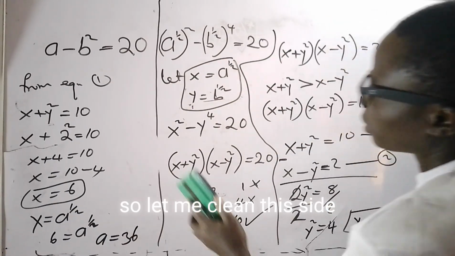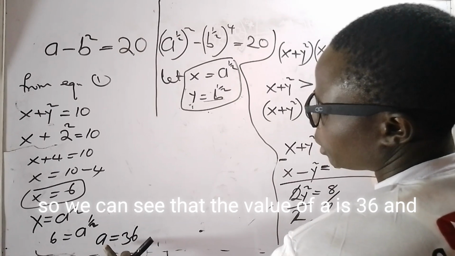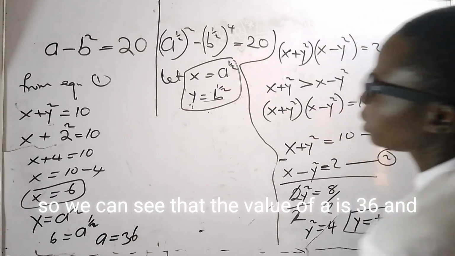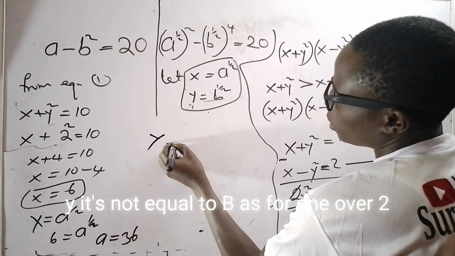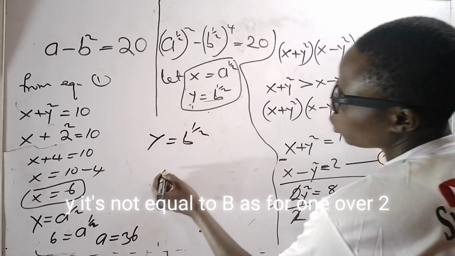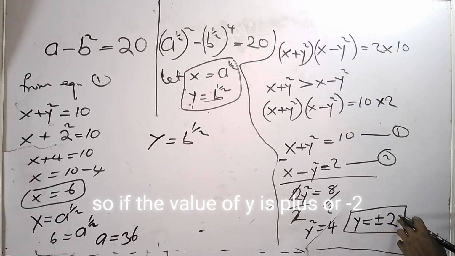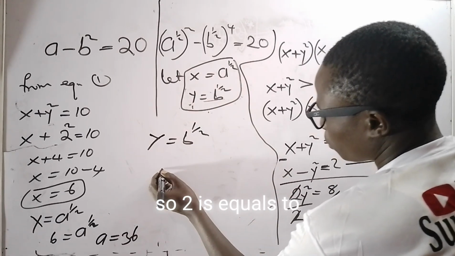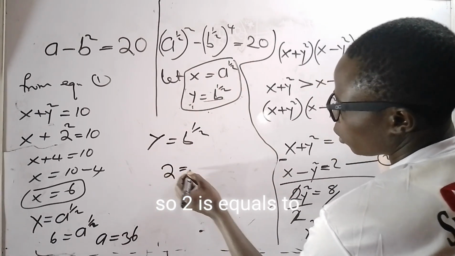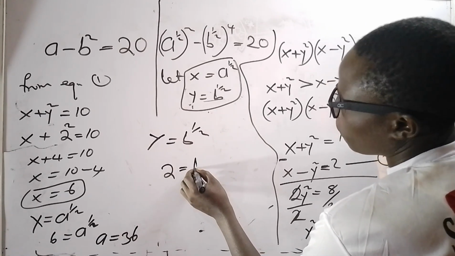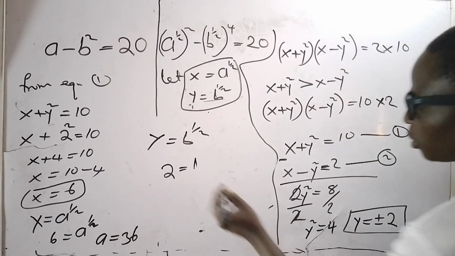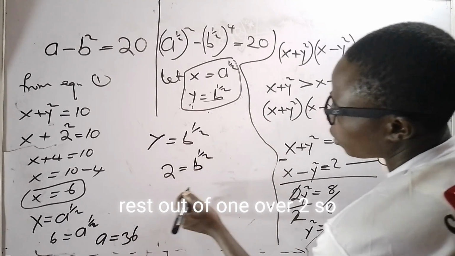Let me clean this side. We can see that the value of a is 36, and y is equal to b raised to the power of 1 over 2. If the value of y is 2, then 2 is equal to b raised to the power of 1 over 2.